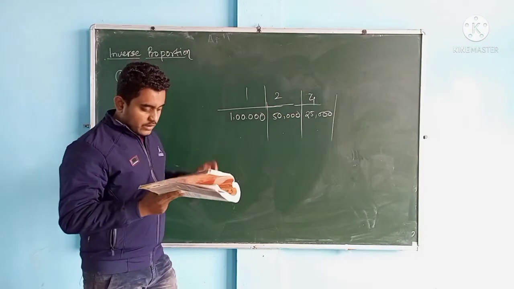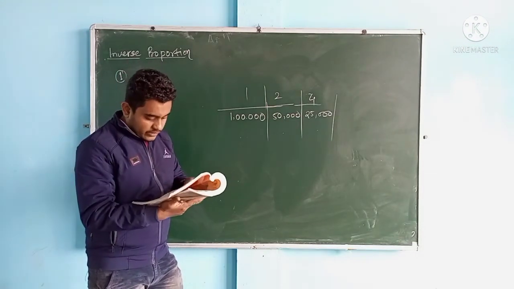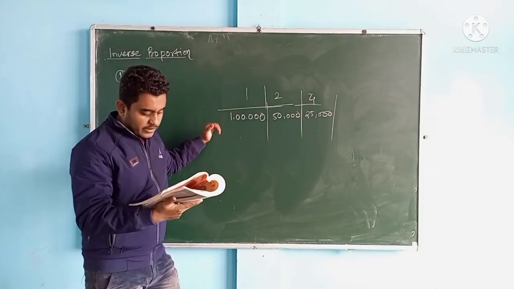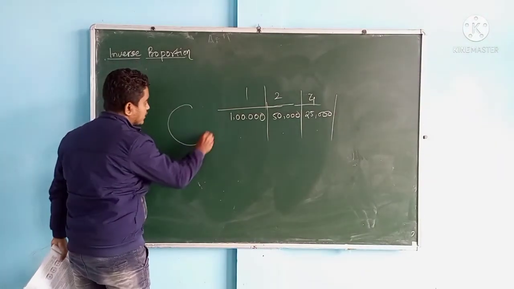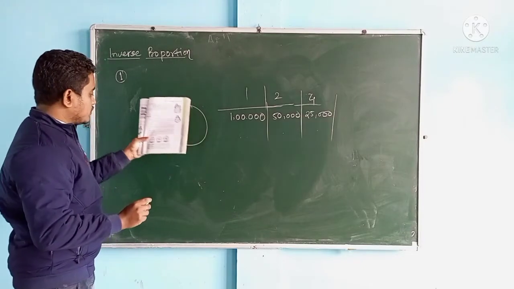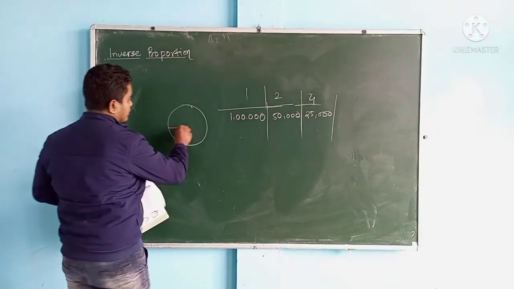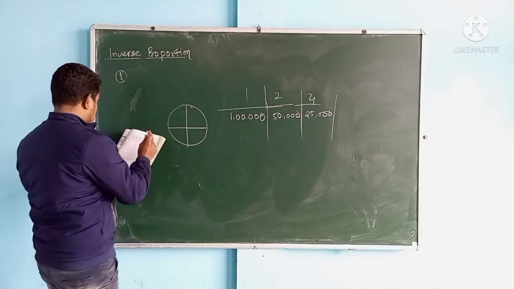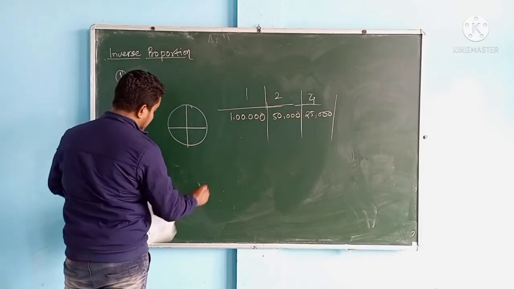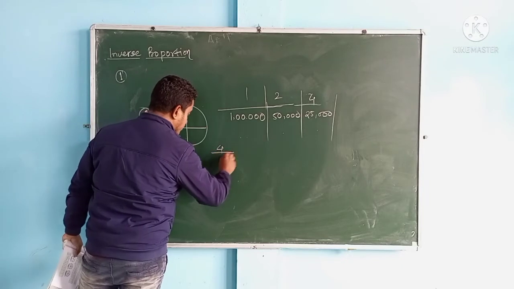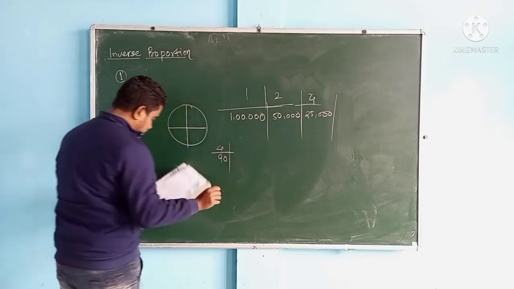So questions 2 and 3 are easy. Question 3 is also the same: number of spokes and angle between a pair of consecutive spokes. In a circle, the total angle is 360 degrees. If the number of spokes is 4, then the angle between them is 90 degrees.